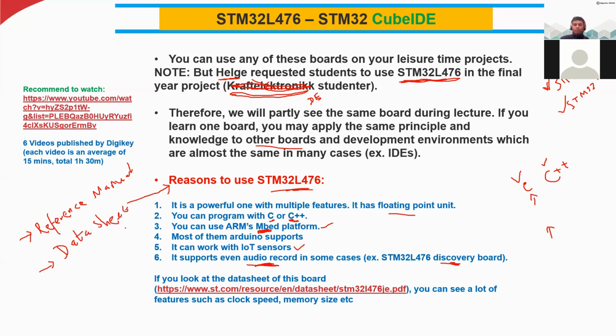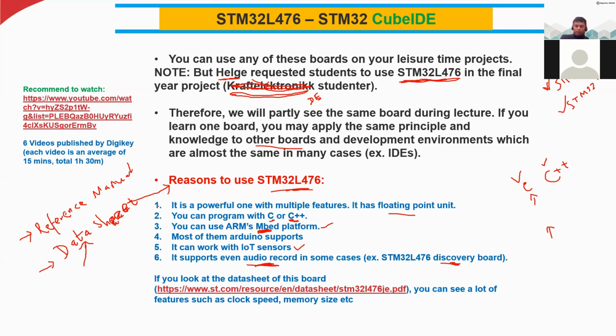Please take a look at that, because for mostly all your programming, you are going to use this data sheet. You will see some keywords and how to use peripherals, initialization, configuration. All the details are available in this data sheet. You really have to at least read this data sheet and get some idea of how to use this STM32 microcontroller.